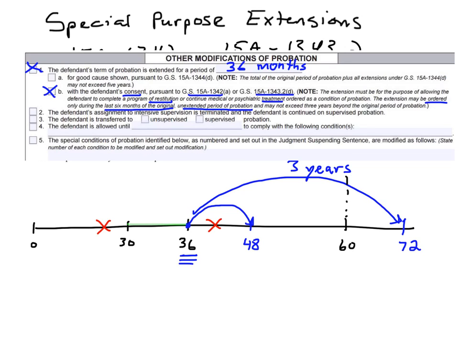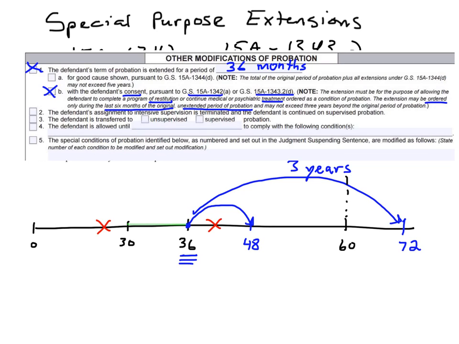So once somebody has extended once, it probably is going to be the case that they're no longer eligible for a special purpose extension.